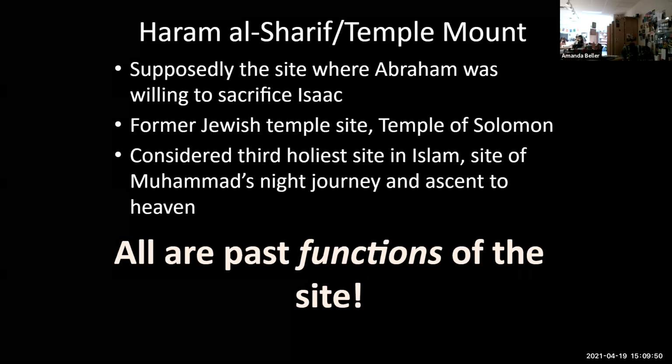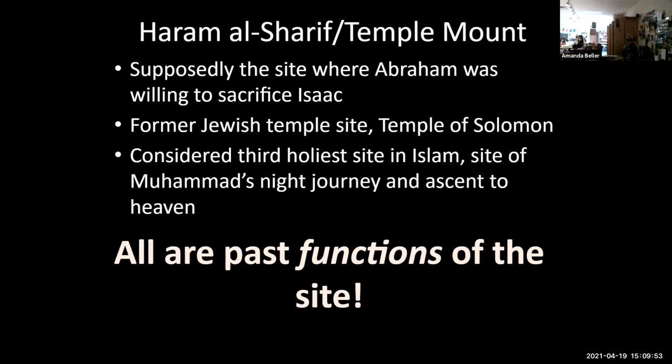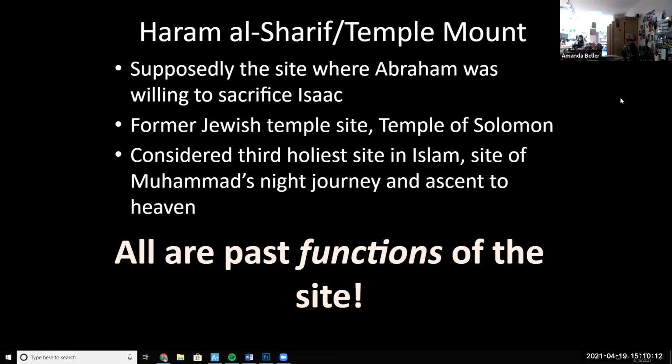It's considered the 3rd holiest site in Islam because this is the same rock. Everything happens at one place, okay? This is the rock where Muhammad went on his night journey. When Muhammad was on his night journey, he got to see the cosmos, and he got this aerial view of things.